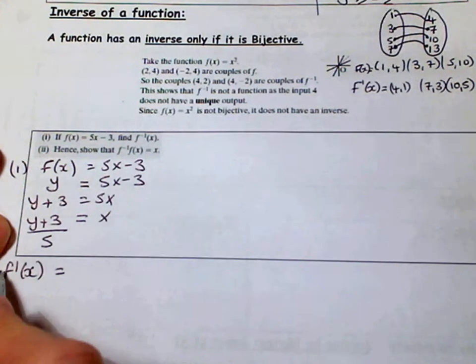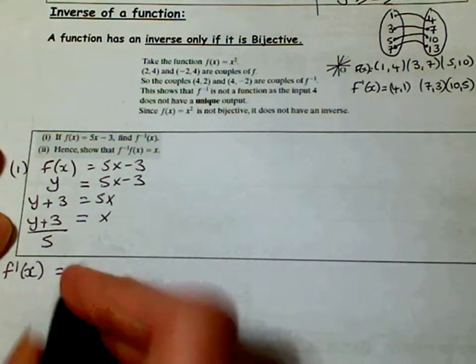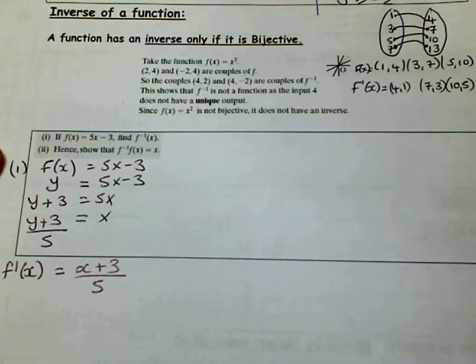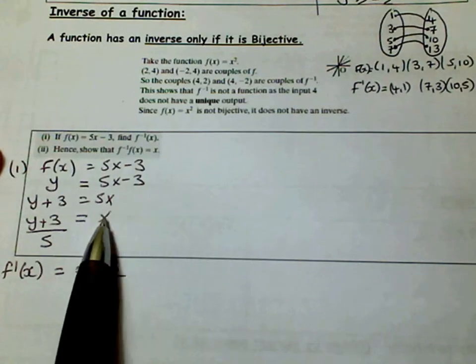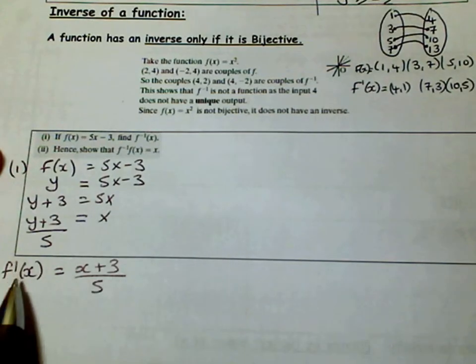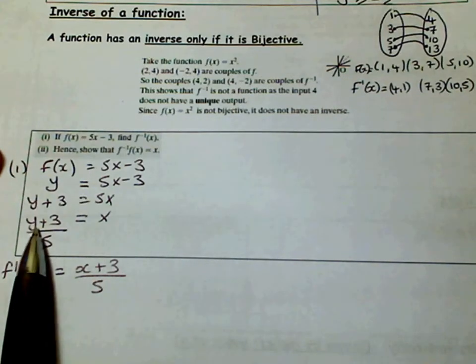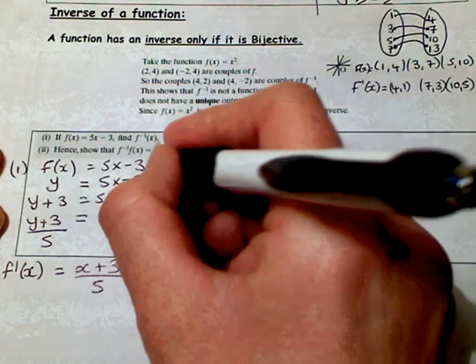So my inverse, f dash of x, the dash being the inverse, is x plus 3 all over 5. Okay, so what did I do? I got x on its own, and then I said f dash of x, the dash being the inverse, equals, and all I did was exchange my y with my x.